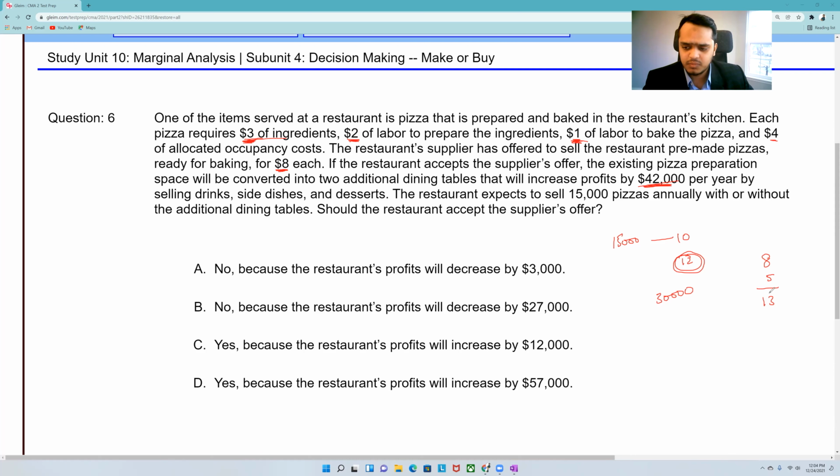Now, what can I do here? I'm already getting a loss of 15,000, because my selling price is 12 and my cost is 13, so $1 per unit is my loss. So 15,000 is already a loss to me, and 42,000 is my additional gain.